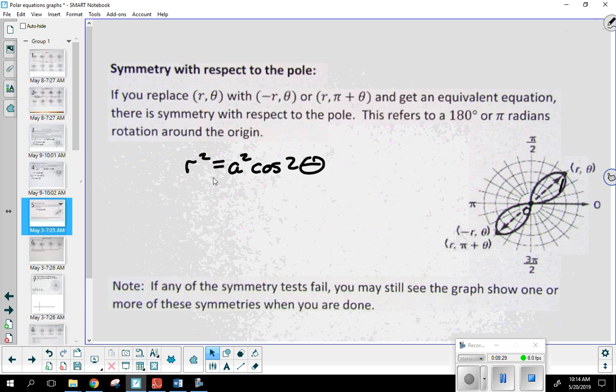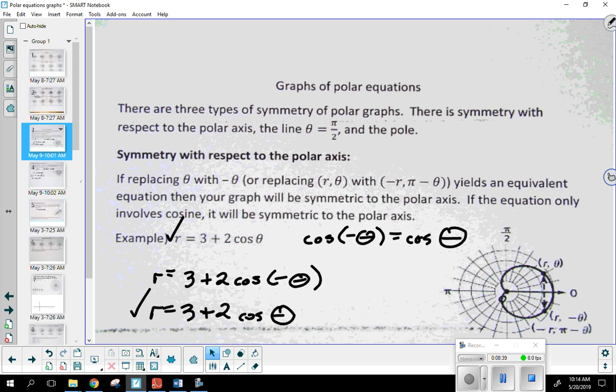Now, there's just one little note here. It's very important. If any of the symmetry tests fail, you may still see the graph show one or more of these symmetries when you're done. For example, for this original graph right here, let's say I'd plugged in negative theta, but simplifying it did not get me back to the original equation. These rules aren't absolute. Just because it fails the test doesn't mean you still may not see that symmetry after you sketch it.